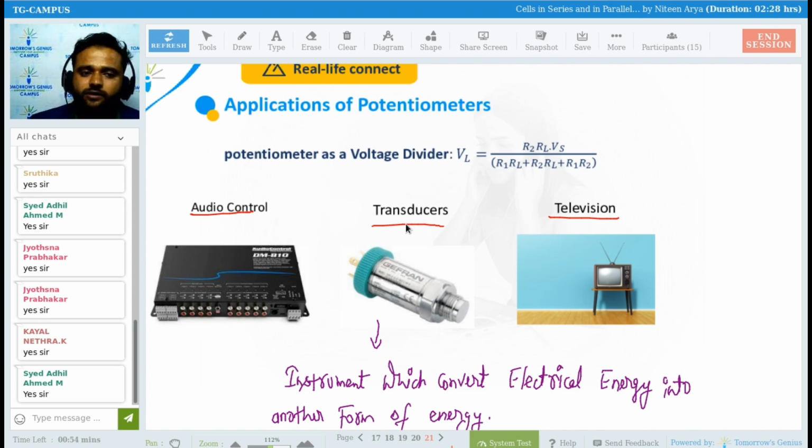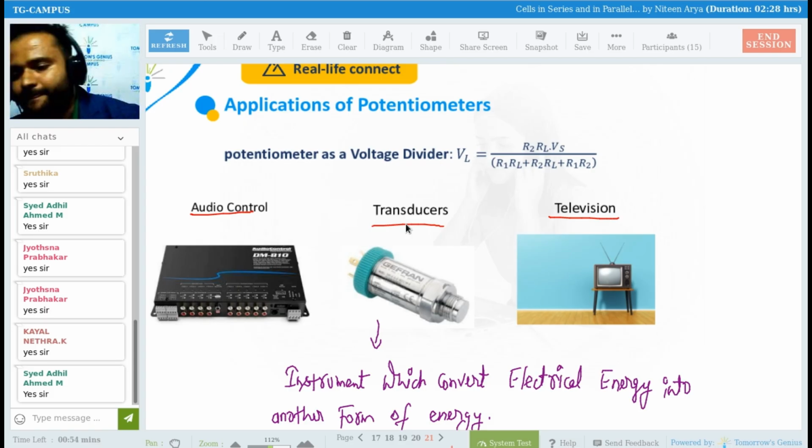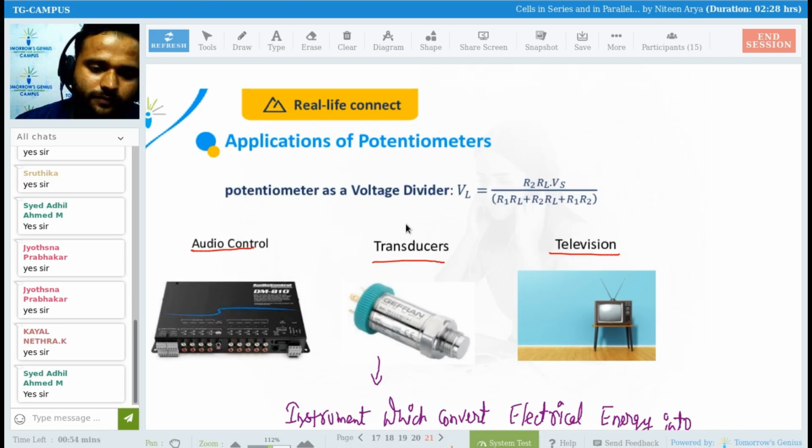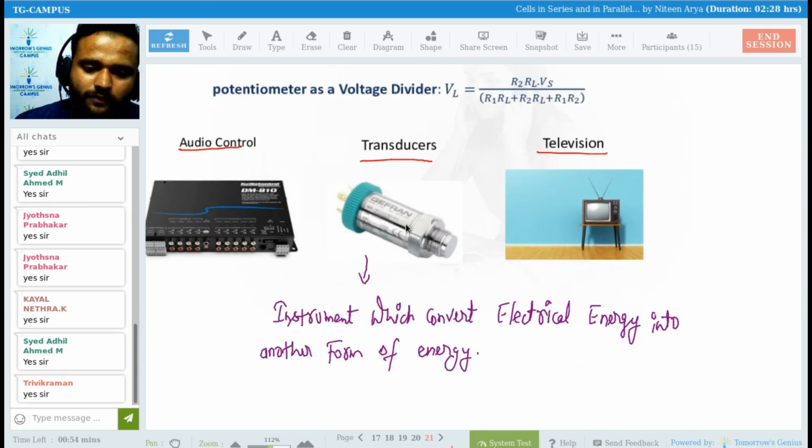It is going to burn because that is a high amount of voltage. So this potentiometer is going to help us out in dividing the voltage, as simple as that. Clear everyone? Good.